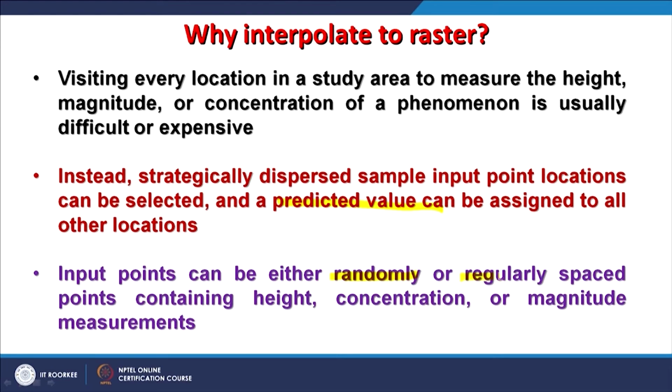Regularly spaced points are near impossible. And if the points within one topo sheet, these spot heights, are only located in one corner, and you employ that for spatial interpolation, you may get very poor results regarding accuracy.